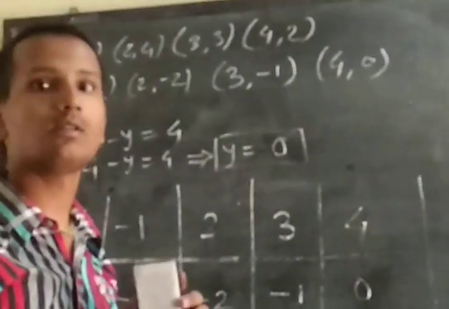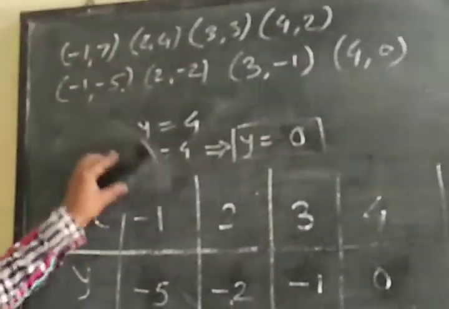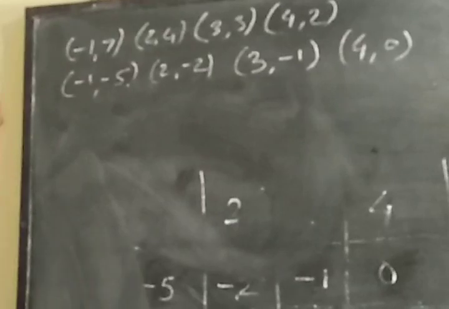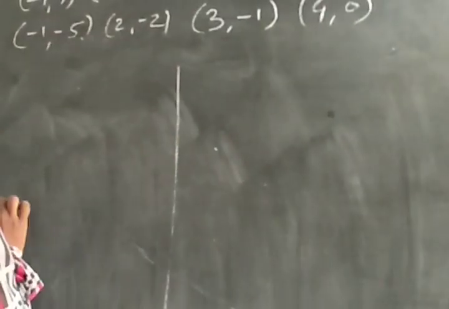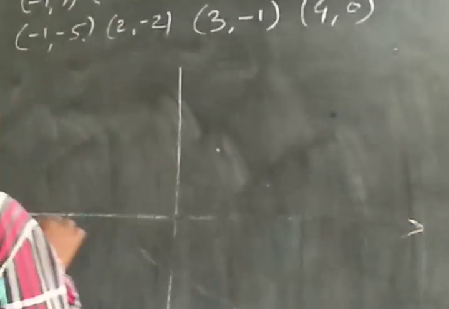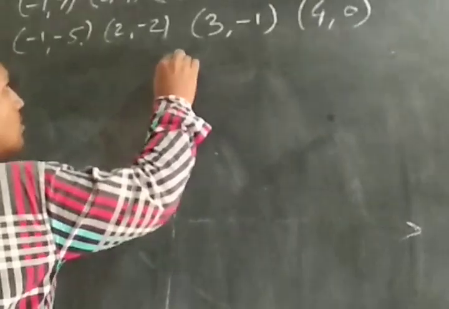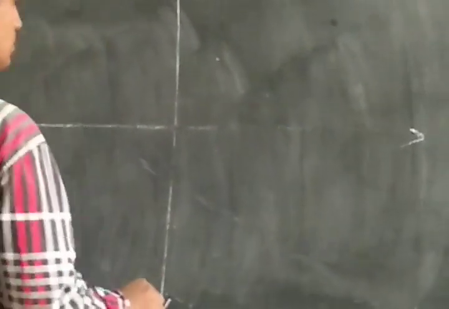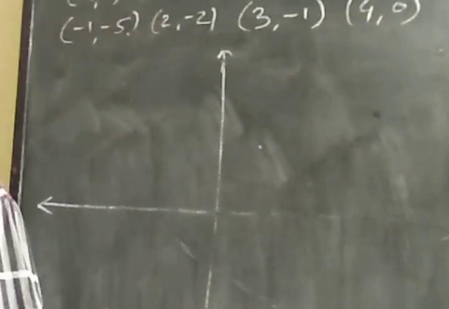So we have to plot these points on graph paper. Look here, I will draw a graph. Your graph will look like this. It has an x-axis and a y-axis. So what are the values of x we have taken?